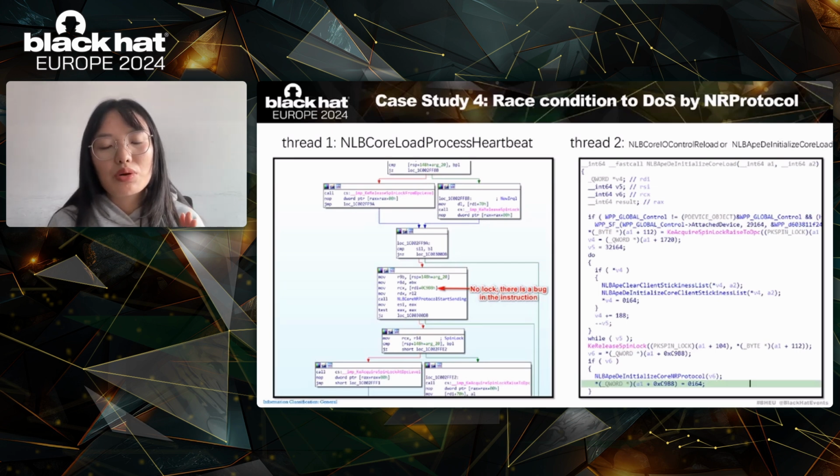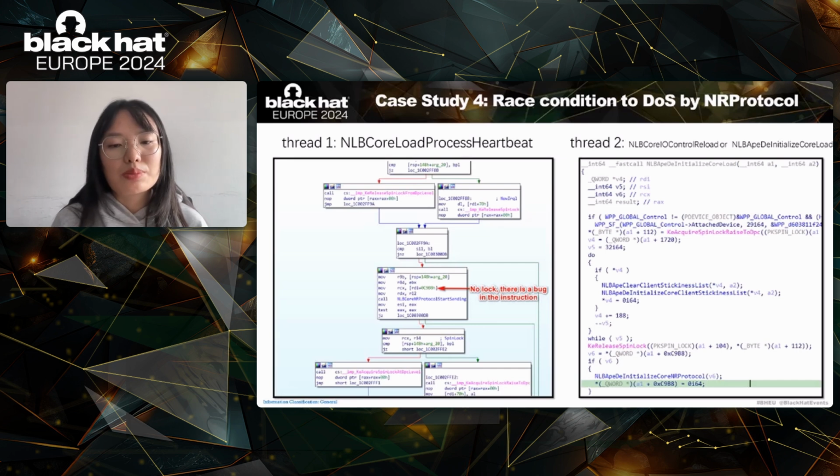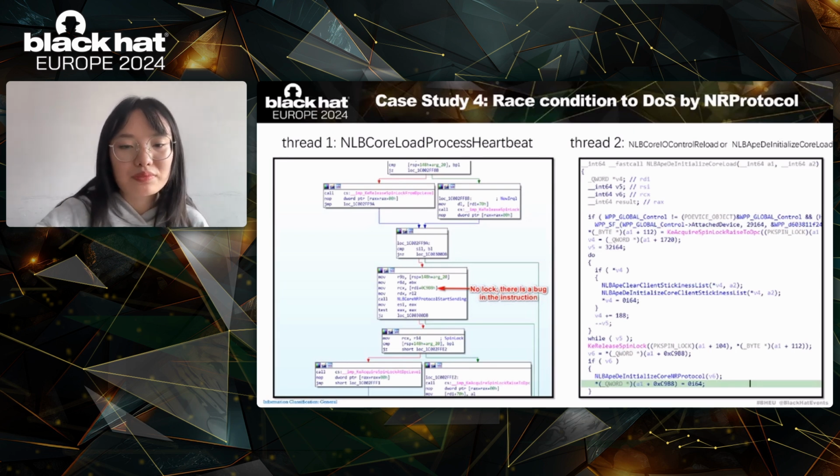The NLB core load processing heartbeat function does not acquire the lock when accessing this, which will cause problems in some cases. If thread 1 is executing this code while thread 2 is executing this function at the same time, it will release the value of the pointer at offset hex C9B8 and set it to 0.